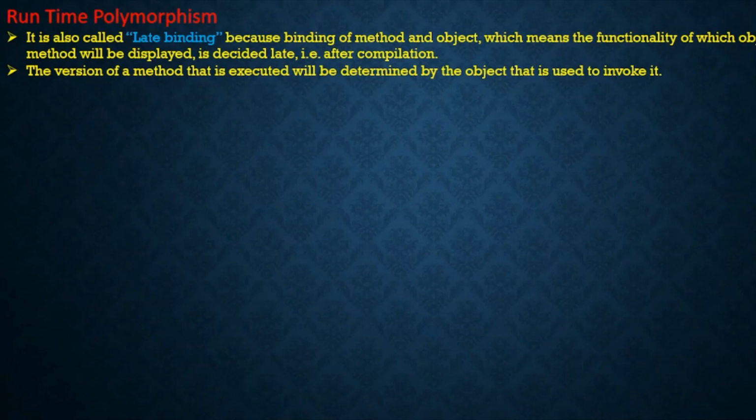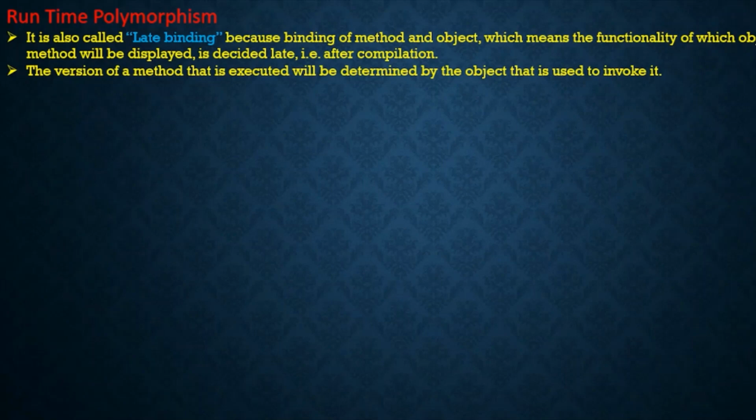So if we create the object of the Animal class and call the method on it, the method is going to execute from the Animal class only.